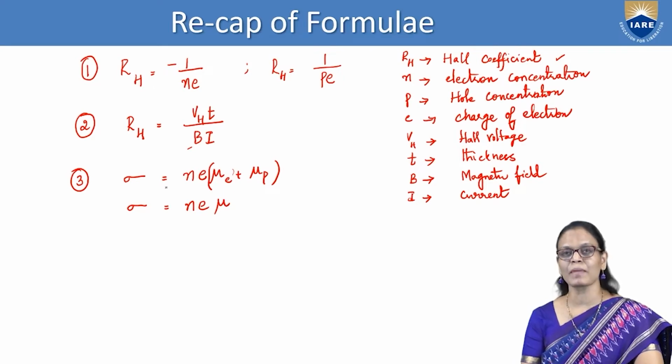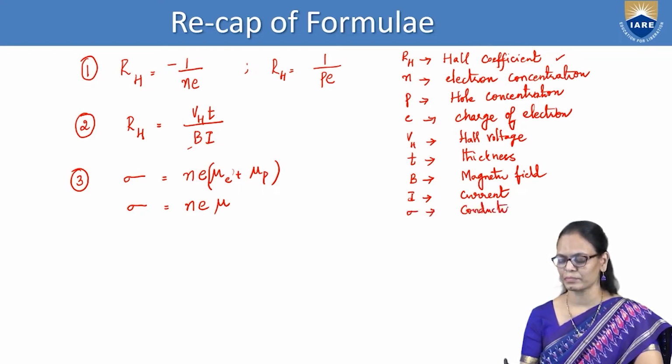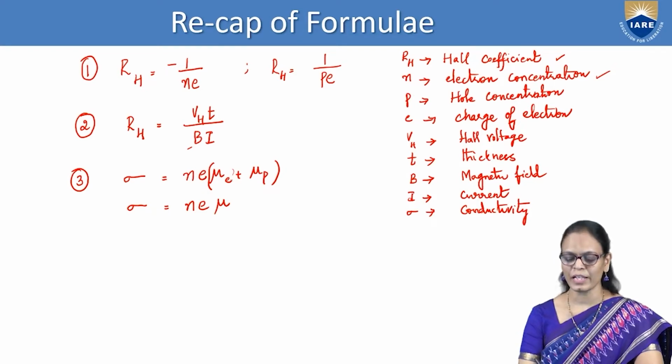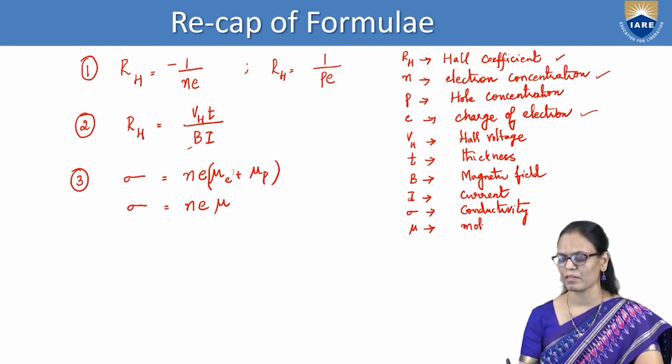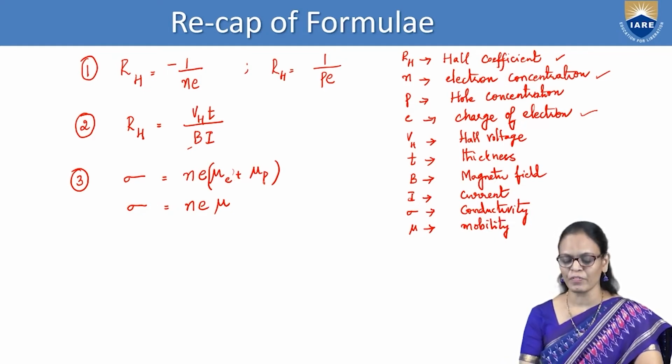So we write sigma is equal to Ne into mu E plus mu P. Sigma is the conductivity. N is the electron concentration and E is the charge of the electron. And mu represents the mobility. This suffix represents, if it is E, electron. If it is P, it is due to holes.